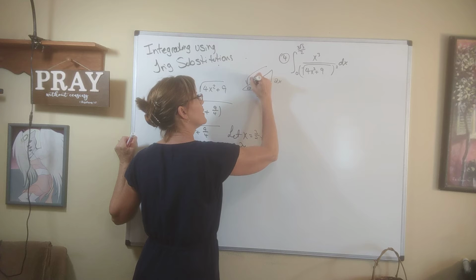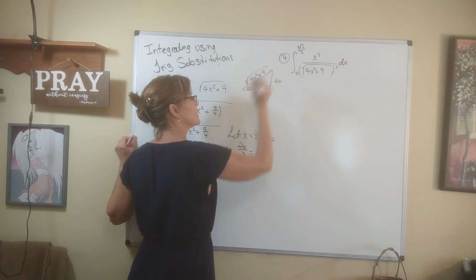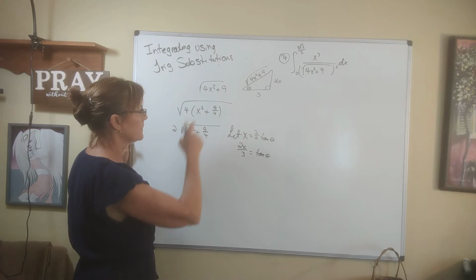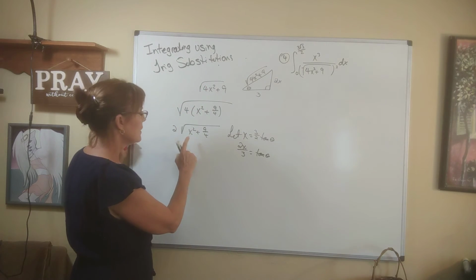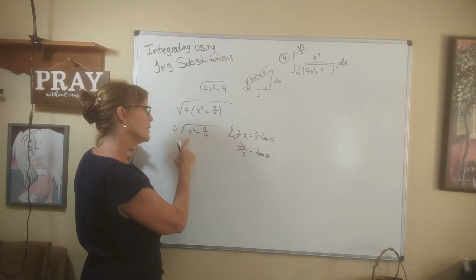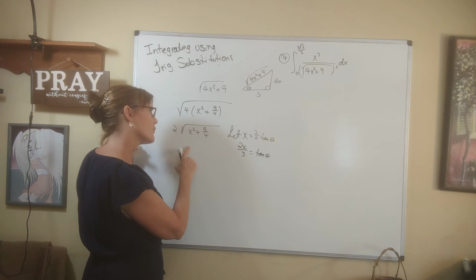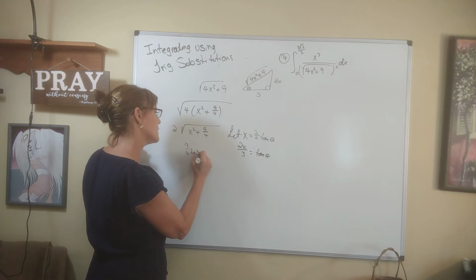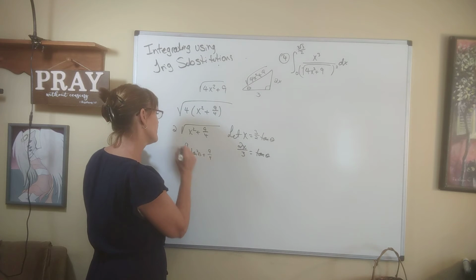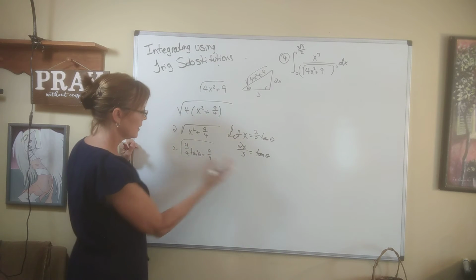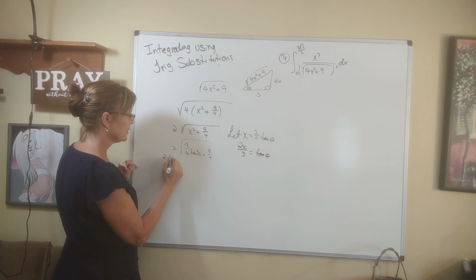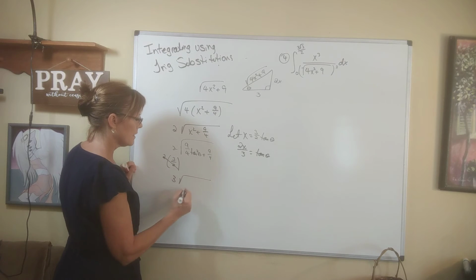Pythagorean theorem says the hypotenuse would be the square root of 4x squared plus 9. Okay, that's fine. Now, what am I trying to do here? I'm trying to rewrite this guy. So x squared would be 9 over 4 tangent squared theta plus 9 over 4. Factor out the 9 over 4 and take the square root, which is 2 times 3 over 2, that's just a 3.